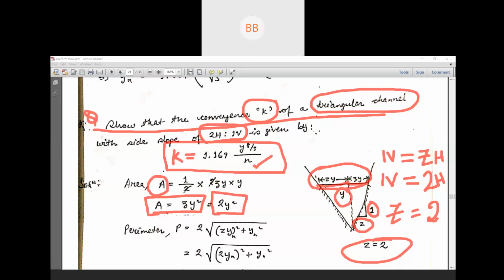Then we need to find out the wetted perimeter. For the wetted perimeter of a triangular channel, we have to consider this side and this side. As the slope is the same, we find one side and multiply it by 2 to get the wetted perimeter. That is why we used the Pythagoras theorem: twice root over this side square plus y square.